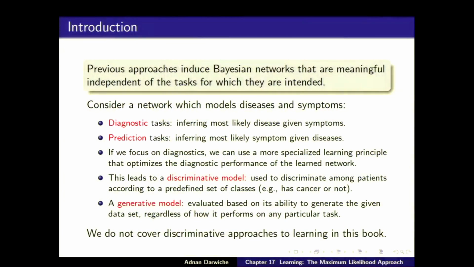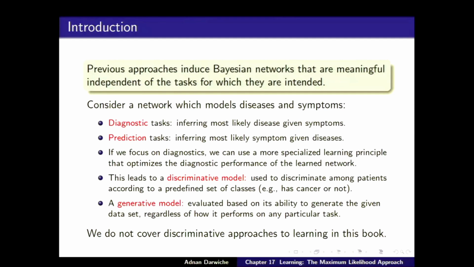If you remember from chapter 5, what that means is that I'm fixing the evidence and query variables up front, and I'm telling you this is how I'm going to use the model. If that's what you're doing, let's say diagnosis, then in that case you can optimize something more direct. You may have data in which, for particular patients, here's what I know about them, and here's what the real answer is. Then when you try to learn a model, you try to minimize the error in comparison to this data that you have.